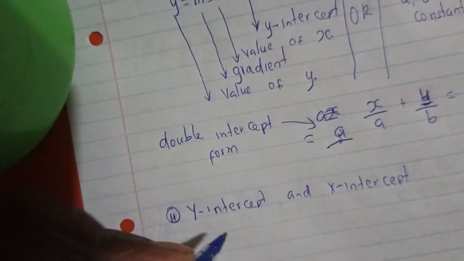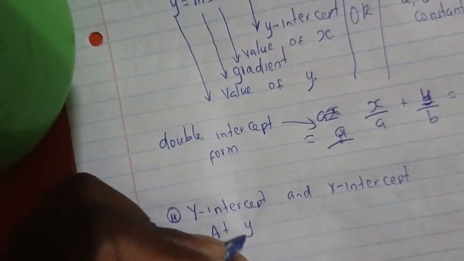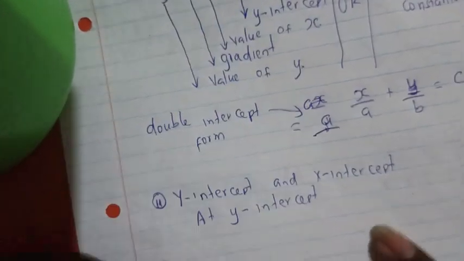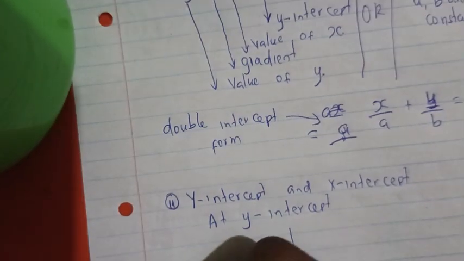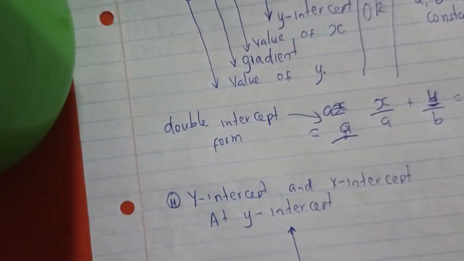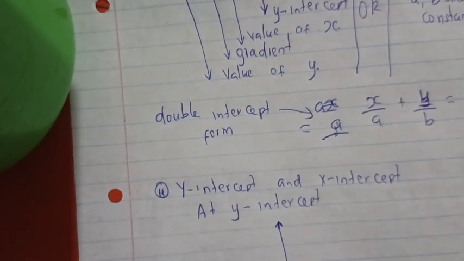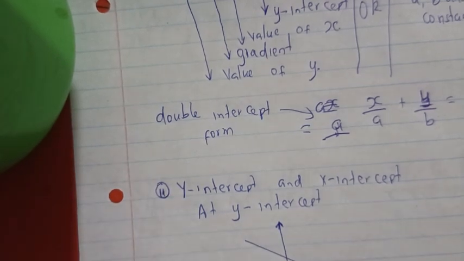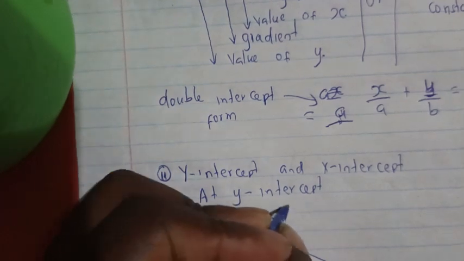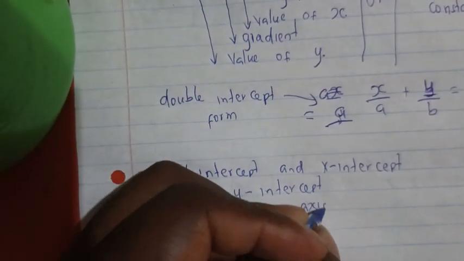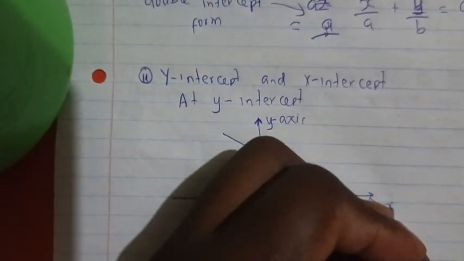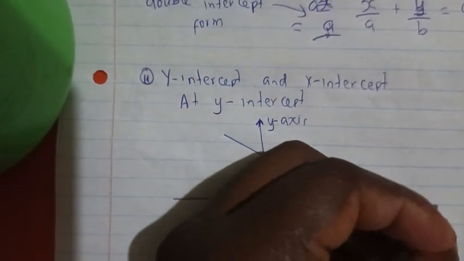With y-intercept and x-intercept, maybe I can draw a Cartesian plane so that it is very easy for us to understand. Student, if you want to know where the y-intercept and x-intercept are, this one is the y-axis and this one is the x-axis.